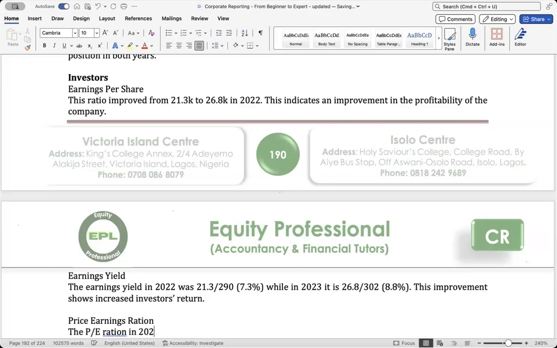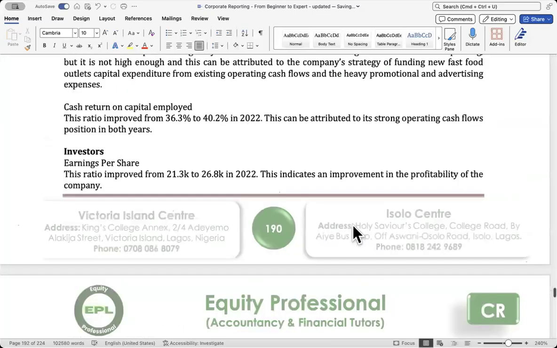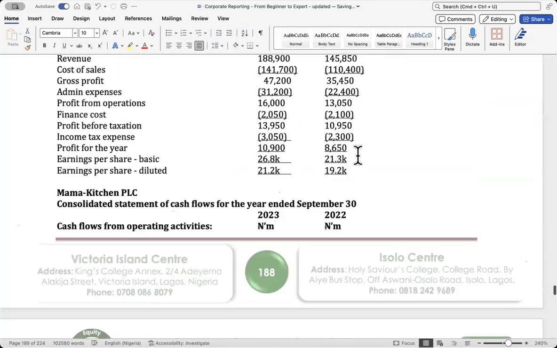in 2022, the PE ratio was, so PE ratio is price over earnings. Can anybody press calculator? This is where I got the price from in 2022. They gave us 290 kobo, and the earnings is 21.3 kobo.